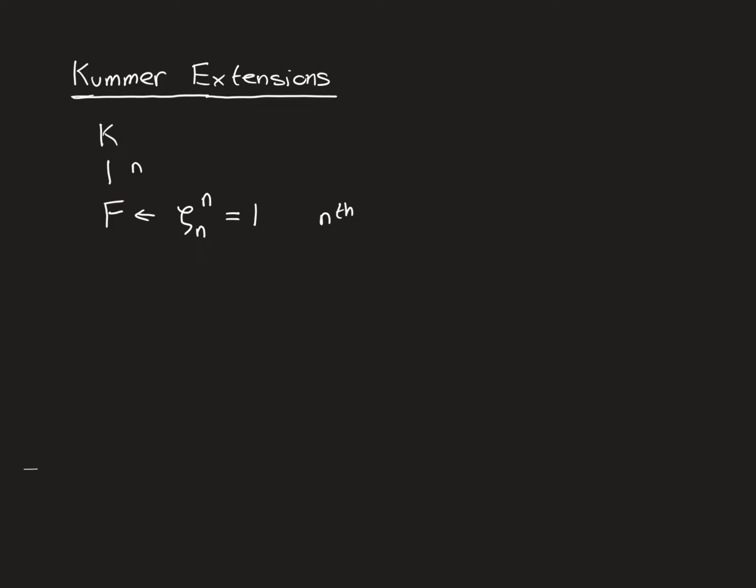This is the definition of being an nth root of unity. Being a primitive nth root of unity means that if you raise it to any smaller power, so if I replace up here the exponent with any natural number that's smaller than n, it doesn't equal 1.